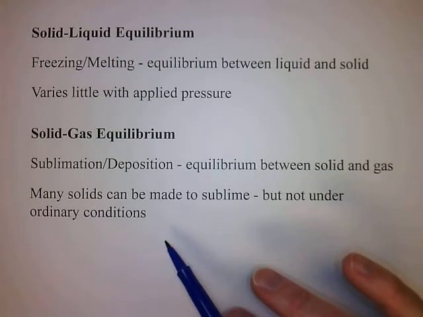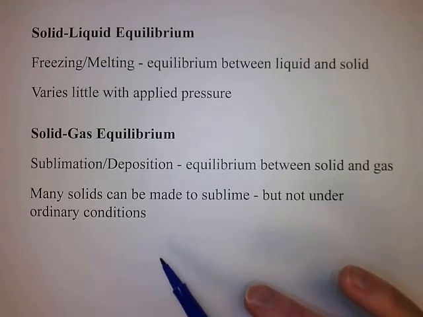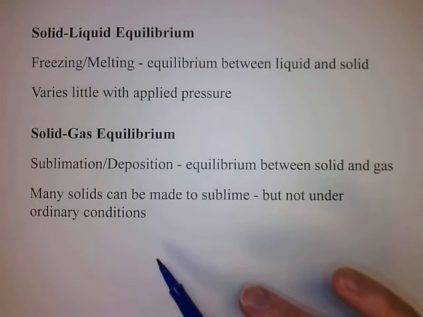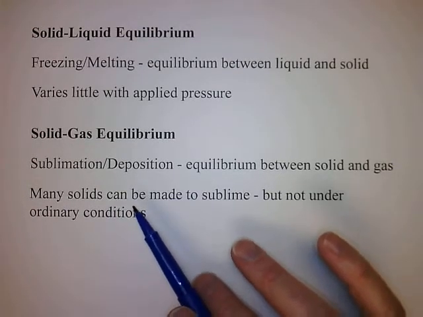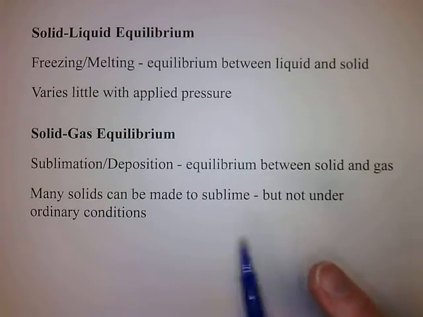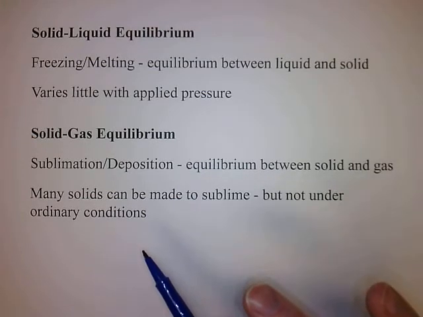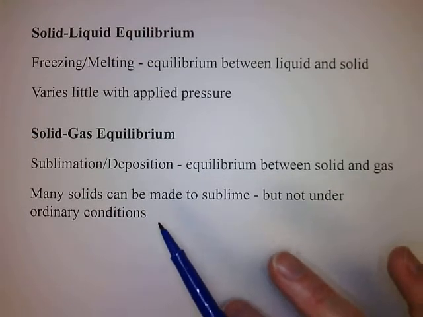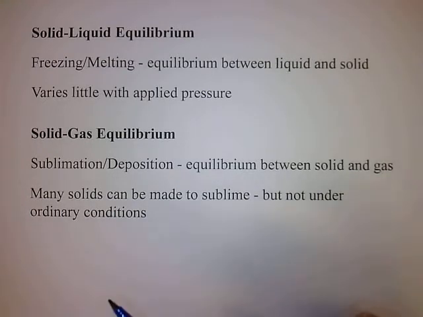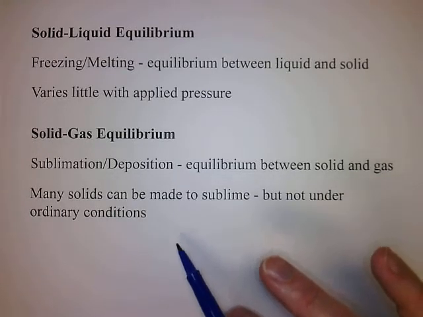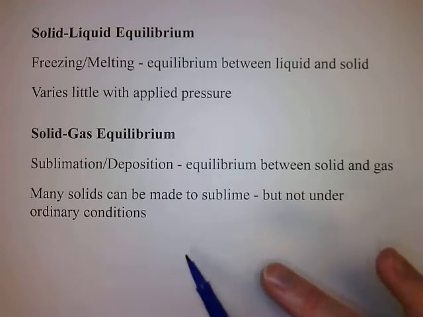I've seen things packed in dry ice to keep them cold during shipment, because it doesn't melt and make a liquid mass. It goes directly to a gas. But many solids can be made to sublime, just not under ordinary conditions. Okay, what we would have to do is change the pressure, and most likely, greatly reduce the pressure.